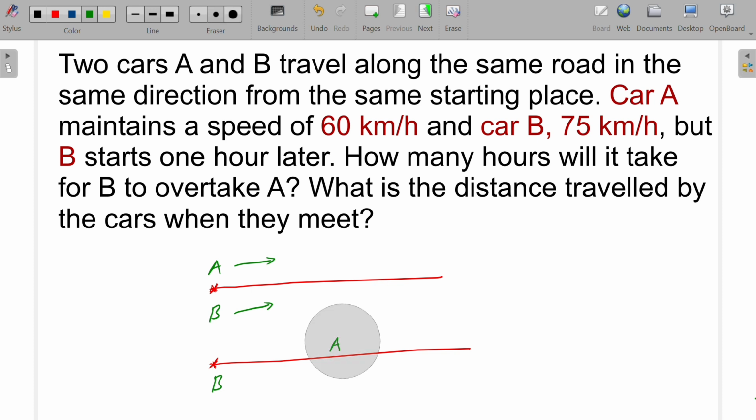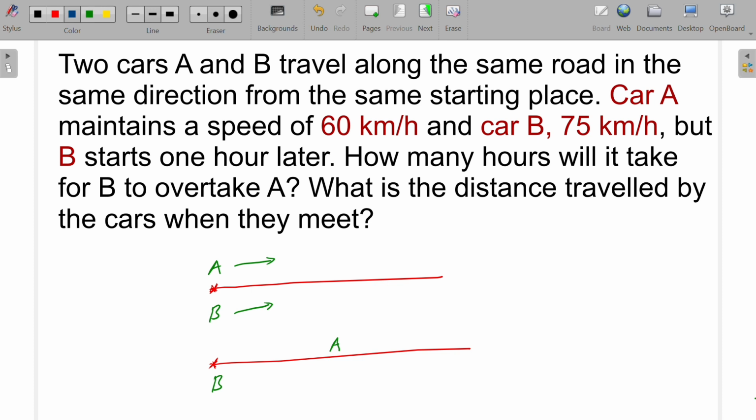So in this case, B is still at the starting point, but A has traveled a certain distance from the starting point because it has started moving an hour before B started moving. So it would have covered a certain distance to a certain point before B starts to move. So now, the first thing we're going to do is calculate the distance that A has covered before B starts moving. Okay, so let's do that.